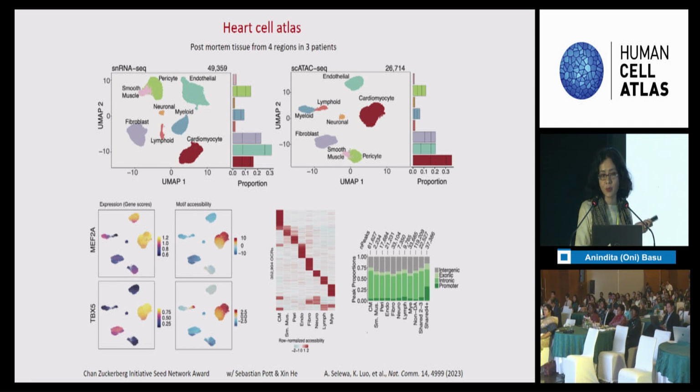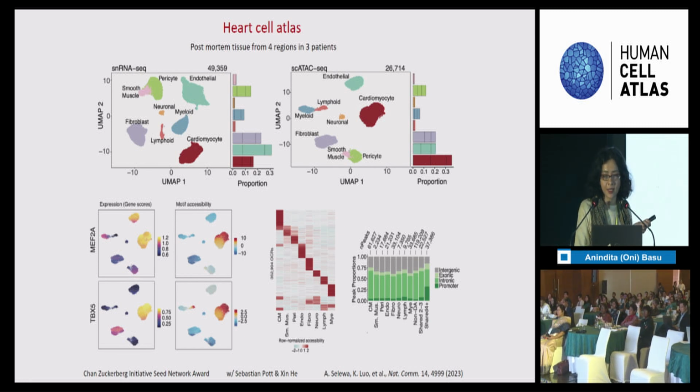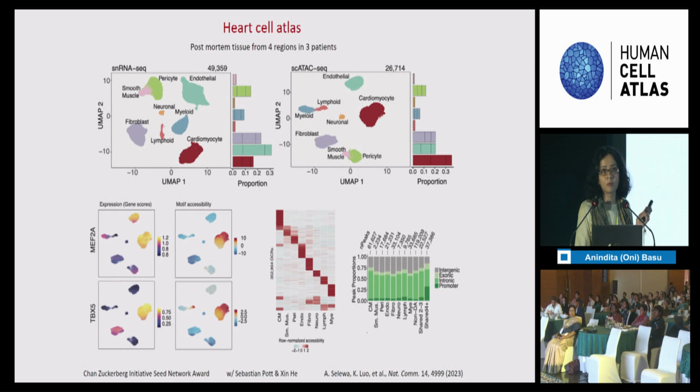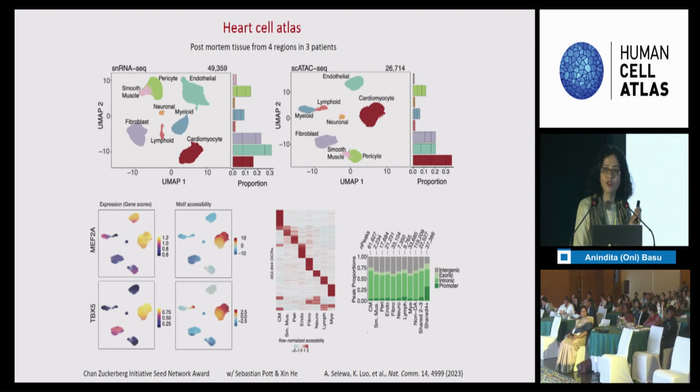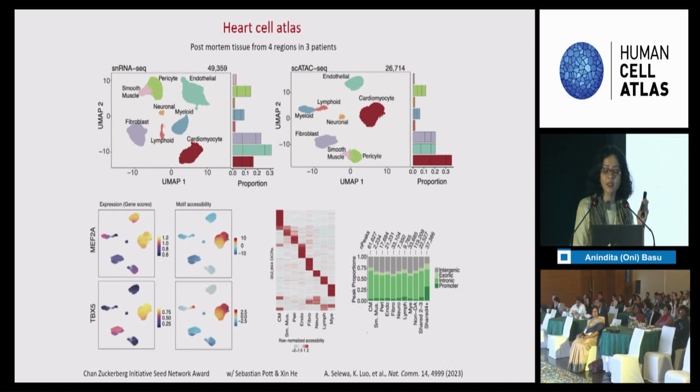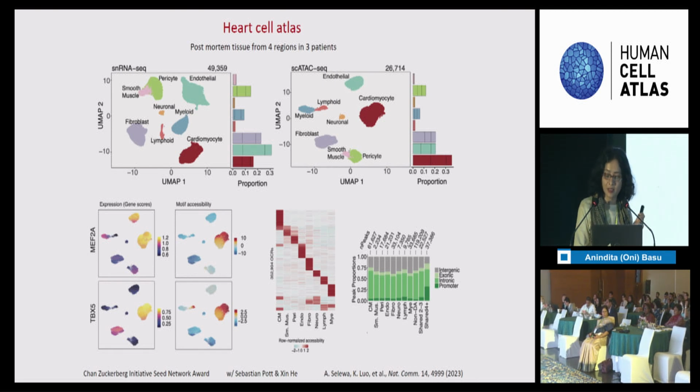Are they cell type specific or are they shared between cell types? We are also looking at connecting this to GWAS studies to look at GWAS genes, and if we can do a priority scoring to these GWAS genes, which is a big collaboration with Sebastian Pott and Shin Hye, who are human geneticists.